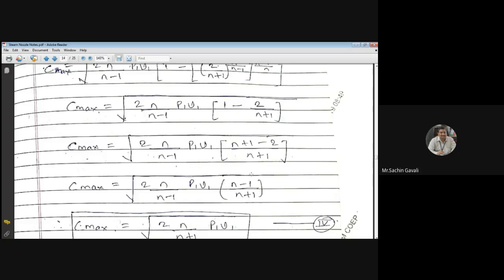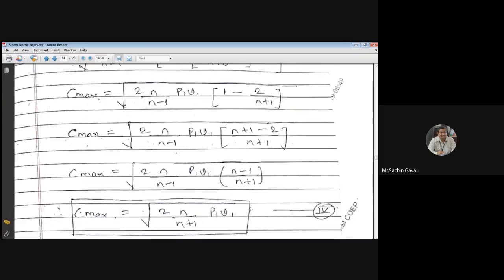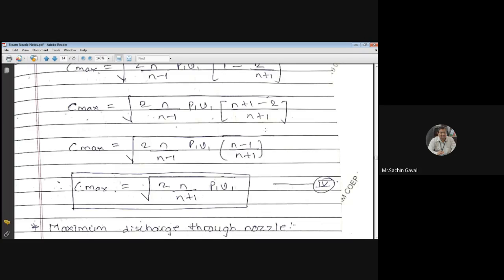Therefore C max is equal to square root of 2 into n upon n minus 1 P1 V1 into bracket n minus 1 divided by n plus 1. The n minus 1 here and the n minus 1 there will get cancelled. One multiplication remains. Finally, C max is equal to square root of 2 into n upon n plus 1 into P1 V1.